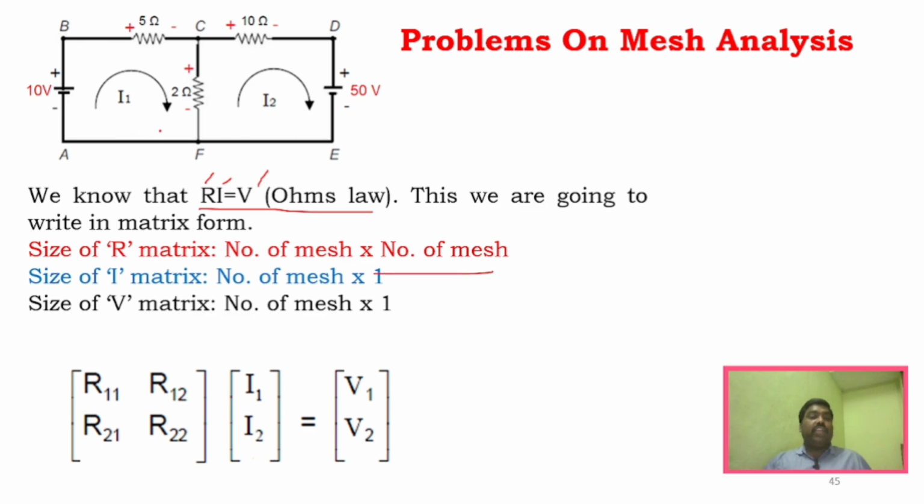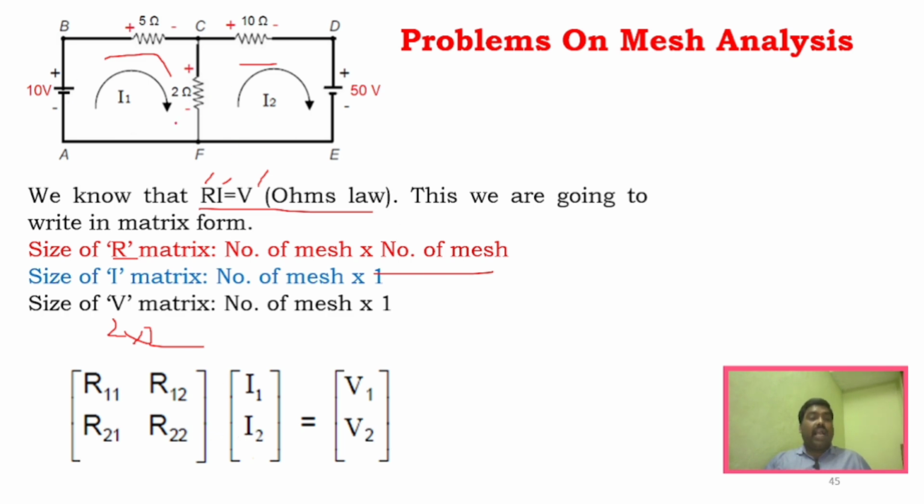In this circuit you have two meshes, first mesh and second mesh, so the R resistor will be a 2 cross 2 matrix. That is why it is mentioned as R11, R12, R21, R22. It is number of mesh into number of mesh, so it is a 2 cross 2 matrix.